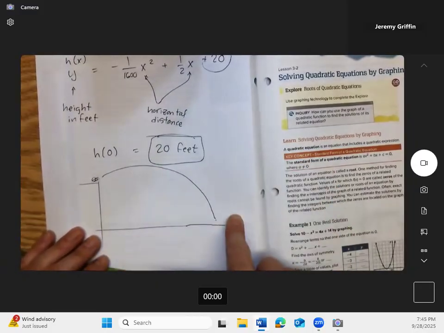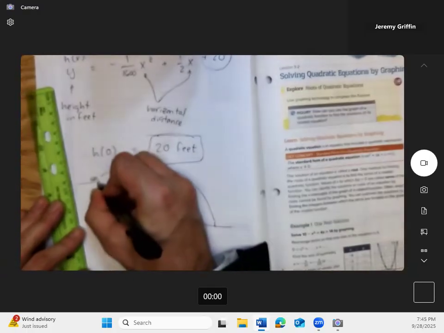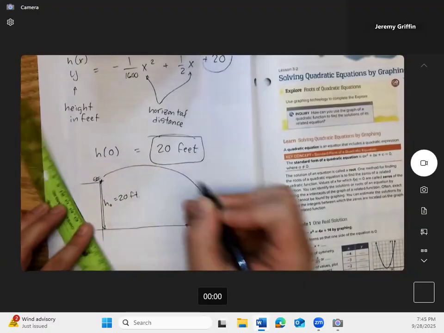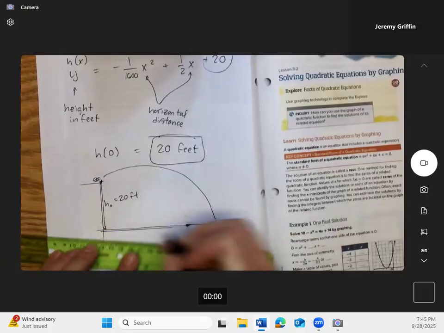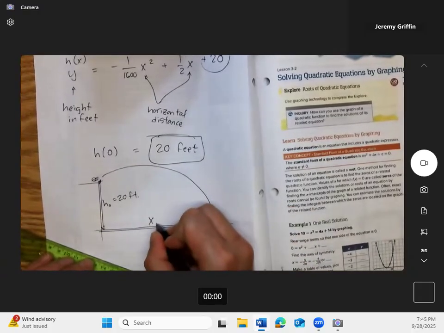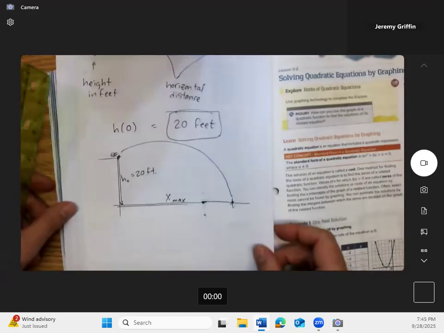Yes, it does make a parabola shape. So I know that this initial height is 20 feet. What I might be curious to know is, how far downrange is this cannonball going to land? Maybe I'll call it x max, or something like that.